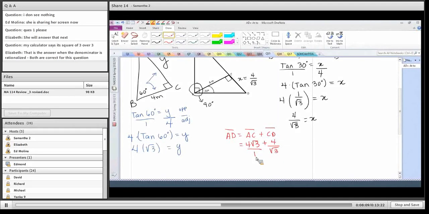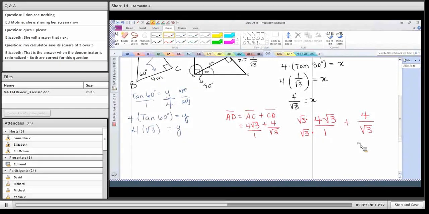So I'm going to show the work over here on the side. I have some room. So the LCD is the square root of 3, so I'll multiply top and bottom here by the square root of 3. What will we have? 4 square root of 3 here plus 4 times, now what's the square root of 3 times the square root of 3?